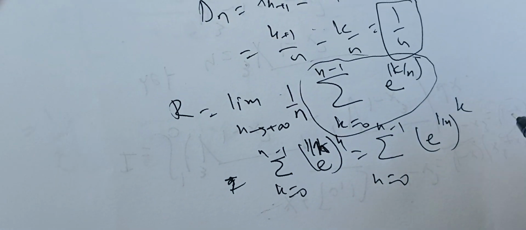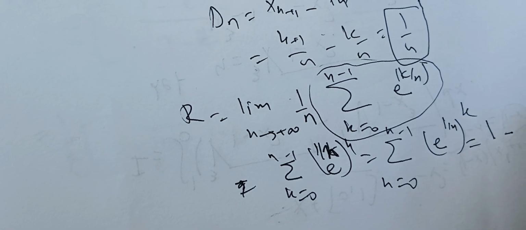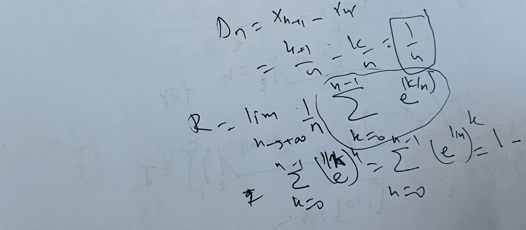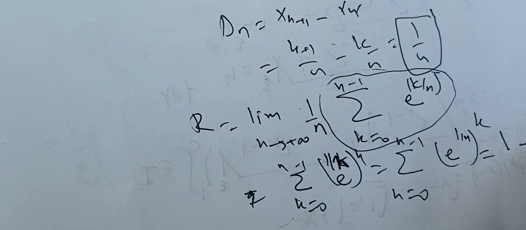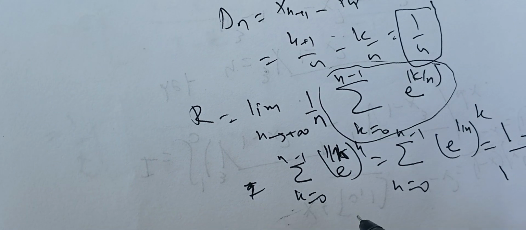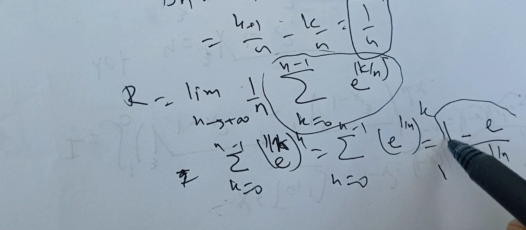So what we get is the first term, which is 1, minus the last one, which is e to the 1 over n to the power of n minus 1 plus 1, which is e. So it's 1 minus e over 1 minus e to 1 over n. So this is this sum here. So this is its value.